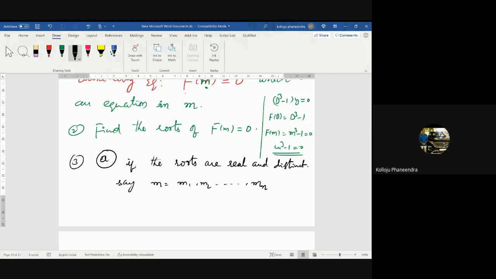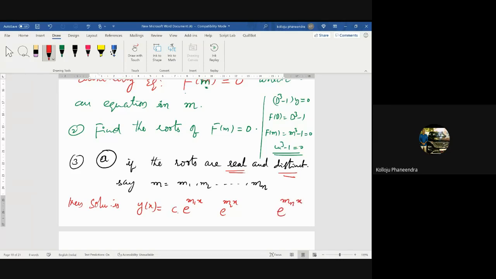So what are these roots? Real and distinct roots. Then the solution for y, the dependent variable: for m1 you write e power m1x, for m2 you write e power m2x, for mn you write e power mnx.